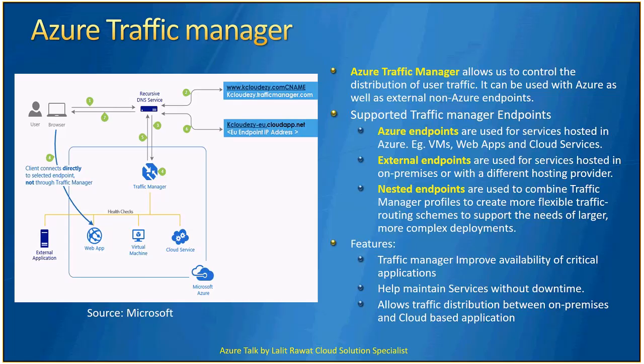If you have a public IP, web apps are anyway supported, plus cloud service, which is the old model. Not only that, it also supports external endpoints. Let's say you have a DMZ application sitting on-prem with a public IP, you can do that. So it's all supported, as long as they have a public IP.